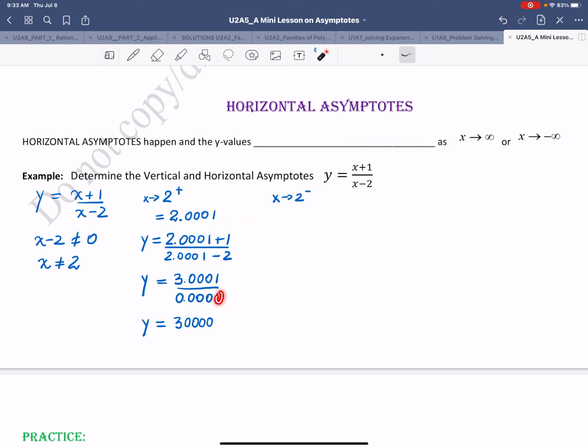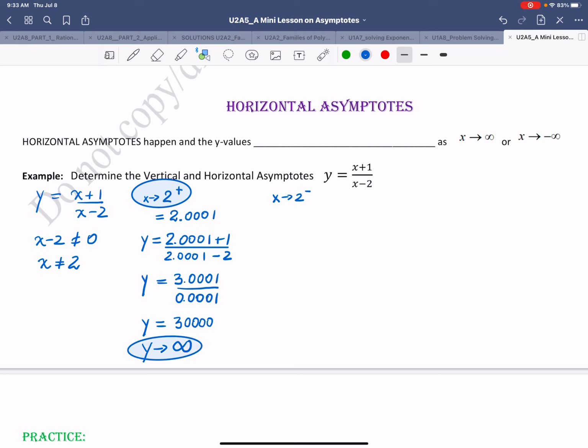The more zeros in between, the smaller 0 this becomes, and a bigger y this becomes. So we are going to say that in this case, the y values will approach infinity. As x approaches positive 2 from the right-hand side, y approaches infinity.